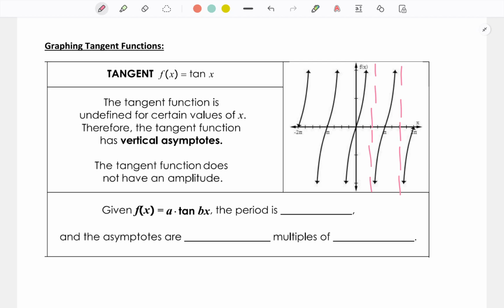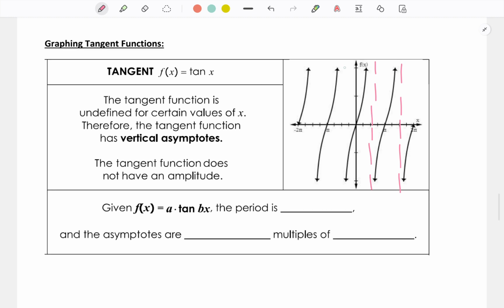And we have that asymptote pretty much a pi apart in the parent function. And that's kind of interesting because, well, we thought the periods were 2 pi. Well, that's not so for tangent. For tangent, your period is pi over b instead of 2 pi over b.